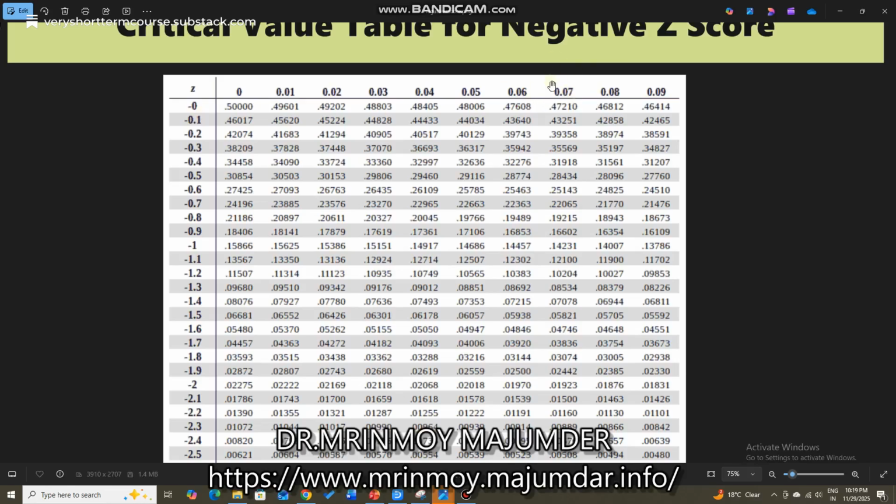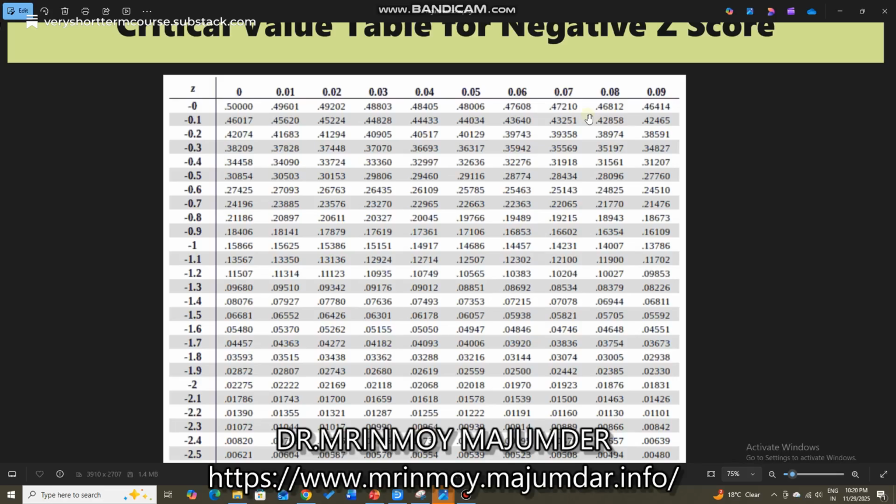So it will not be negative, it will be positive. 0.07 is the critical Z value. And if your score is more positive than this, then your data set shows a trend. If it is less than that, then your data set has no trend, right?